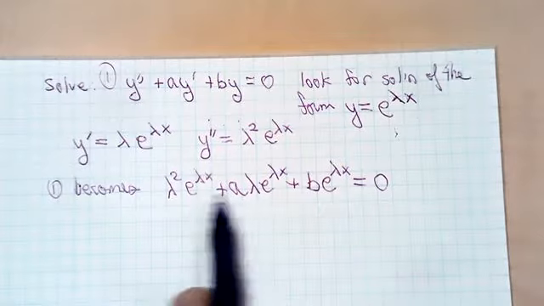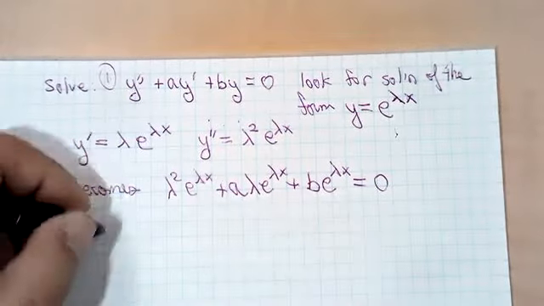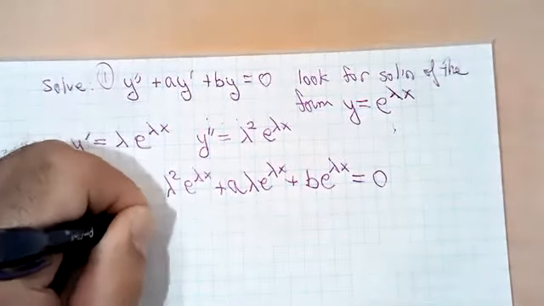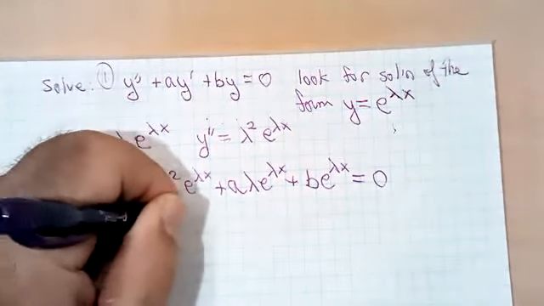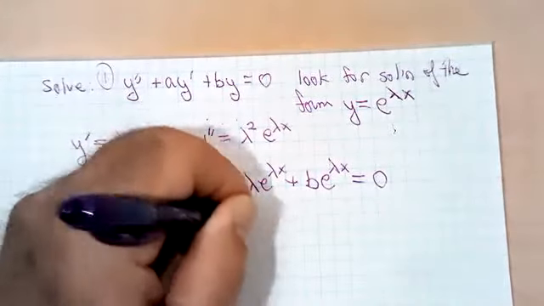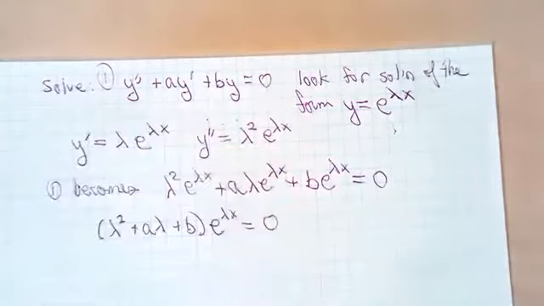And you will notice there's an e to the lambda x on every single term. Let's factor that off. We got lambda squared plus a lambda plus b times e to the lambda x equals 0.